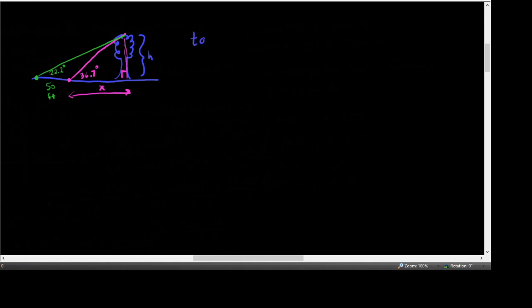I think I may have said tangent, but anyway, no matter what I said, it's supposed to be tangent. Wow. Having one of those days. So the tangent of that angle is opposite h over adjacent x. Well, unfortunately, with those three things, you have to know two of them to find the third one. So I don't know what x is, so I can't figure out h, at least not yet.